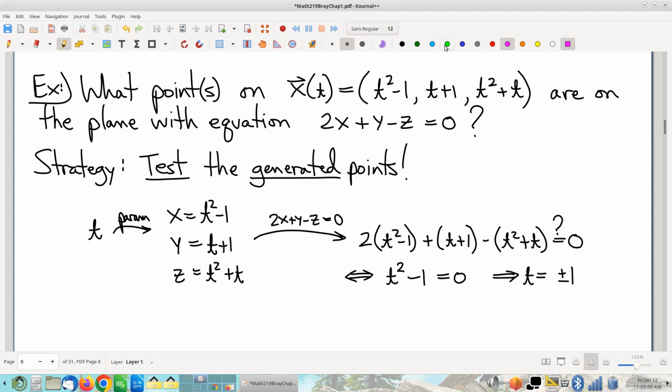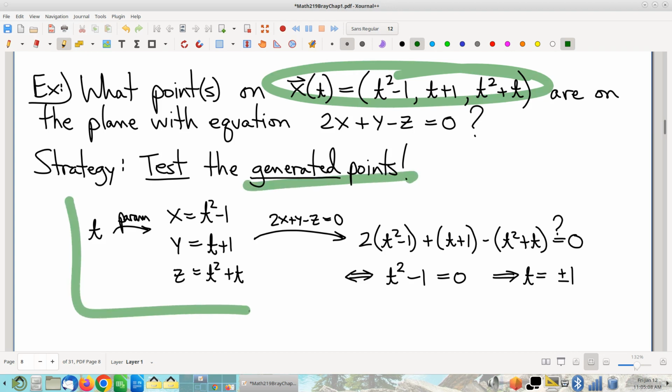So how do we generate points? Well, here is our point generator. Now I'm going to generate points the way point generators generate points, right? Any value of t that I feel like I can plug into my parameterization. This is exactly what this parameterization tells me. X, Y, and Z are these formulas, and all of these are points on the curve. And then I'm going to say, hey, cool, look at this.